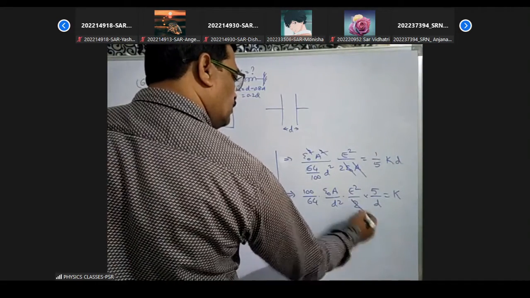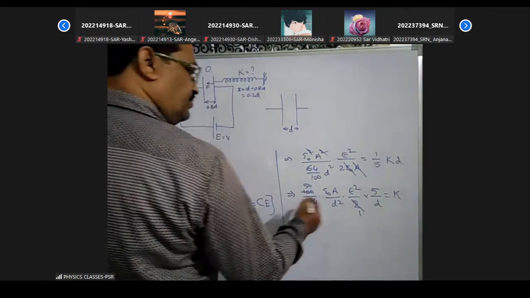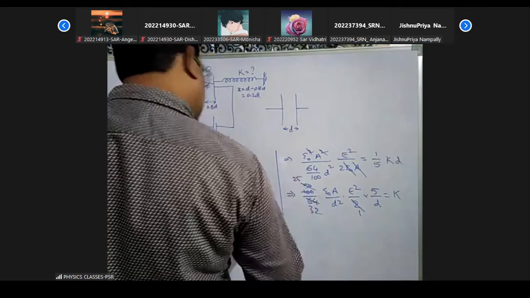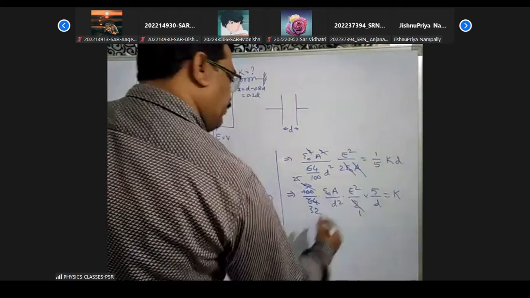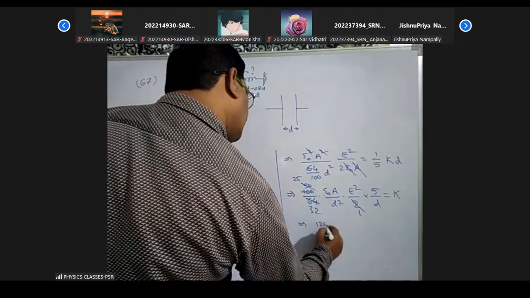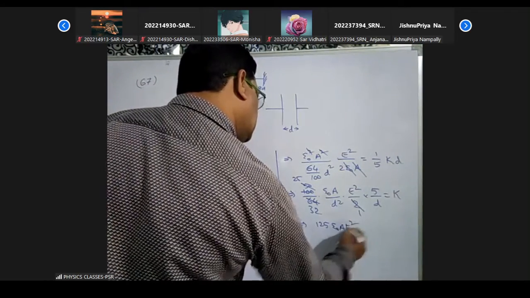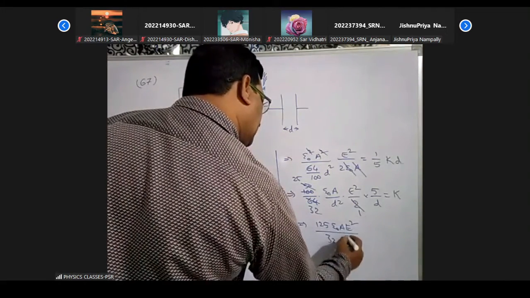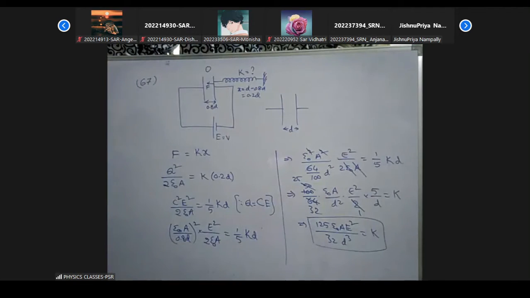Now simplify this, we get the answer. Here 2 cancels 50 times, 32 cancels 25 times. So 25 into 5 is 125. Epsilon naught A E square by 32 D square into D cube is equal to K. This is the answer, fourth option.